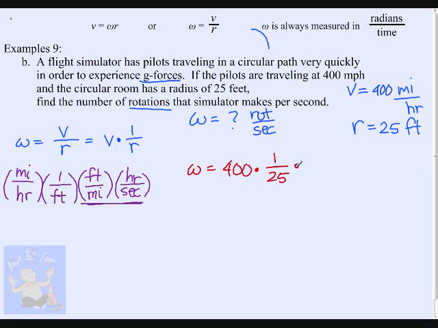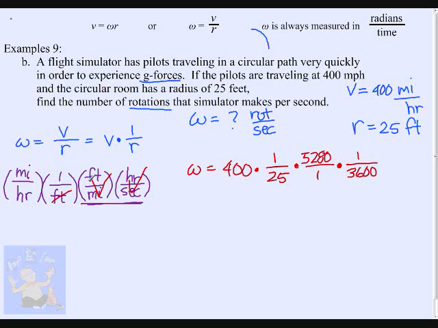I'm going to have to multiply this times 5,280 feet. And my other conversion factor, 1 hour is how many seconds? 3,600 seconds in 1 hour. So there are both my conversion factors.